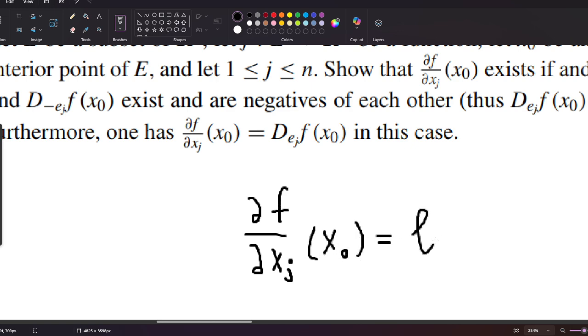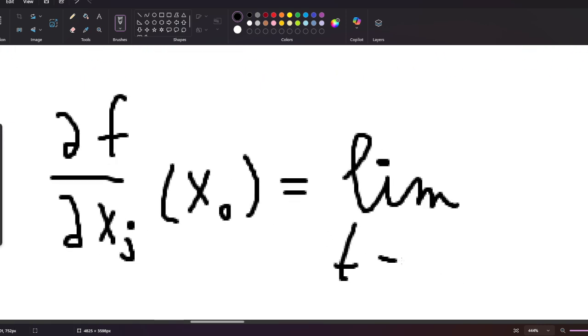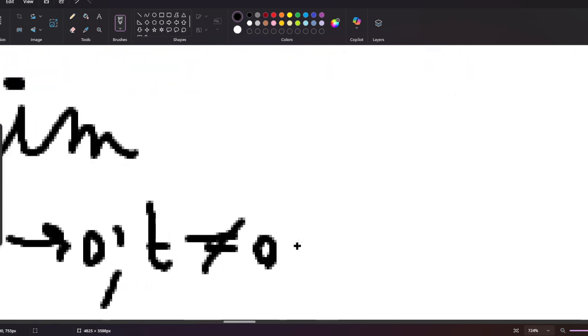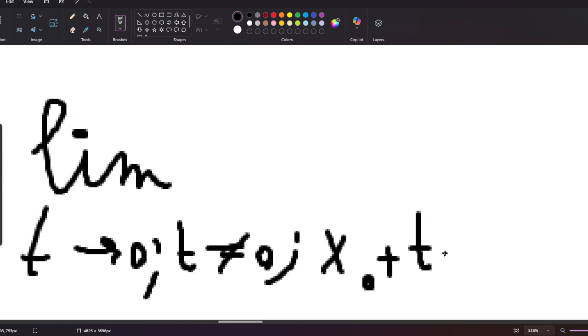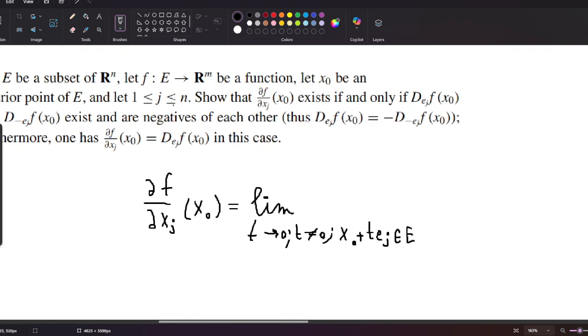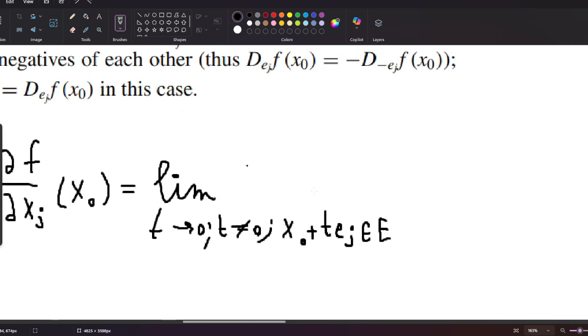Now that's just gonna be the limit as t approaches 0, t is not equal to 0, and x0 plus t times ej is supposed to belong to E, since that's where the function is working, that's the domain.